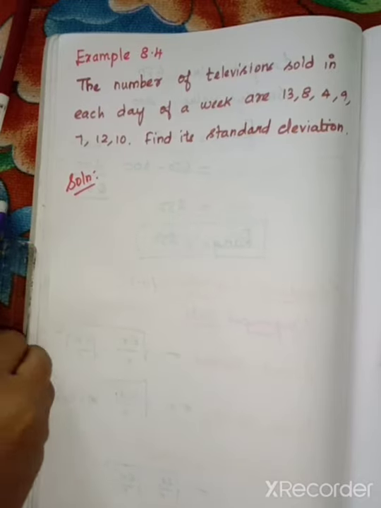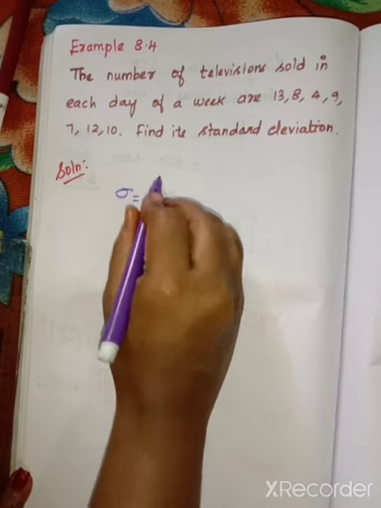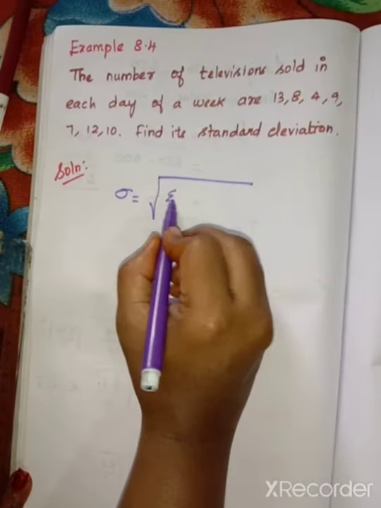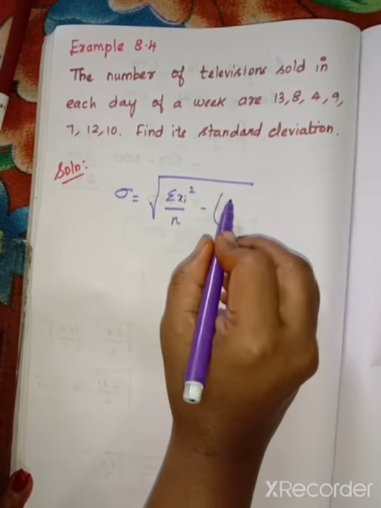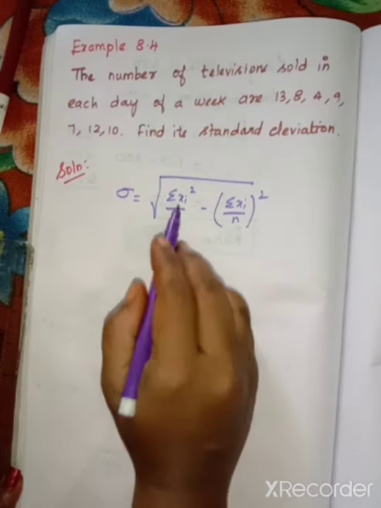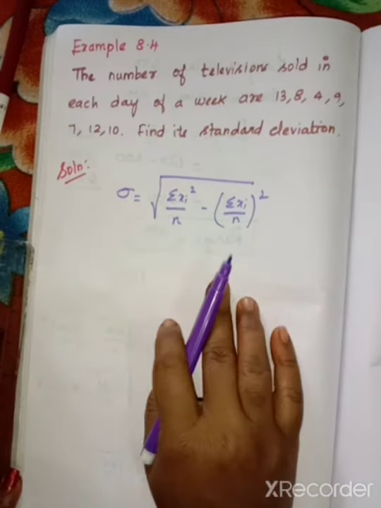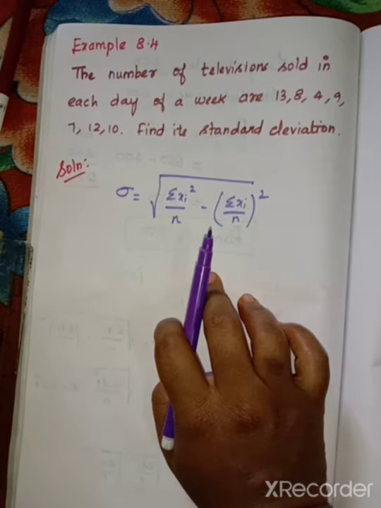So what is the direct method formula? That is sigma equal to root of summation xi squared by n minus summation xi by n the whole squared. So here we want to find the summation xi and also summation xi squared.